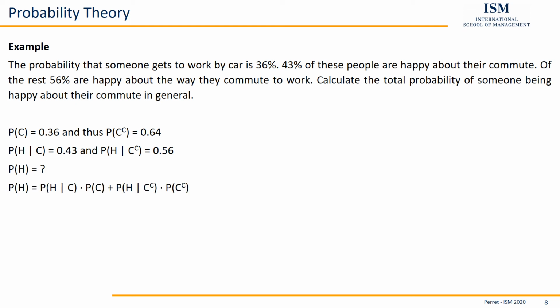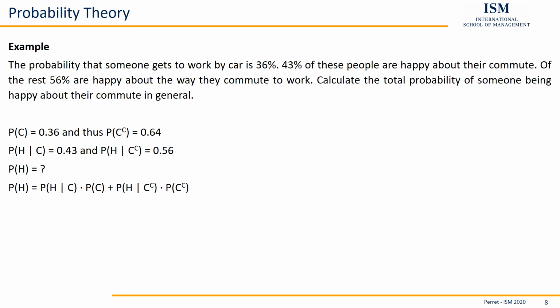This, in our case here, looks as follows. So I go with the two partial probabilities, and I always multiply them with the probability of this particular event happening, which before has been the condition.